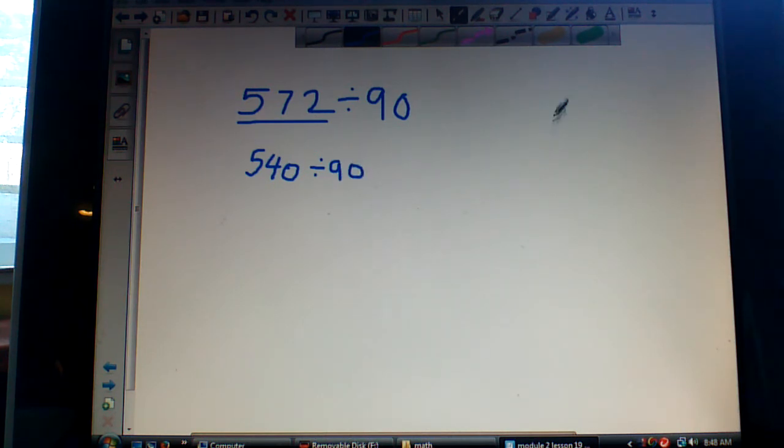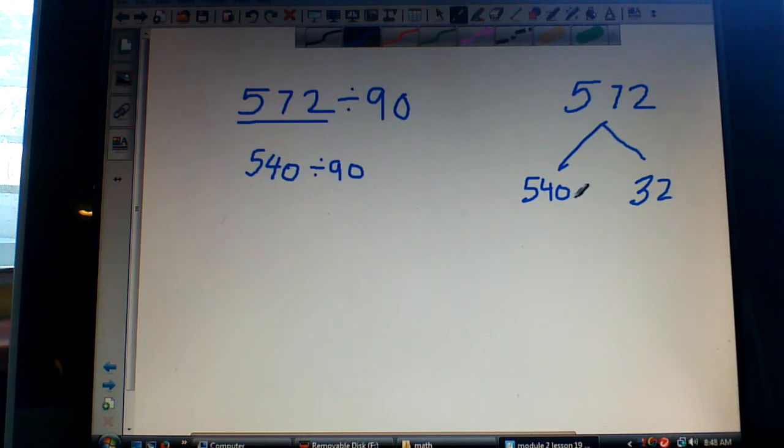So what you would be doing in effect is taking your 572 and you're going to break it up into 540, and what's left over? 32, right? So 540 plus 32 equals 572. Do you agree with that? That's pretty clear.